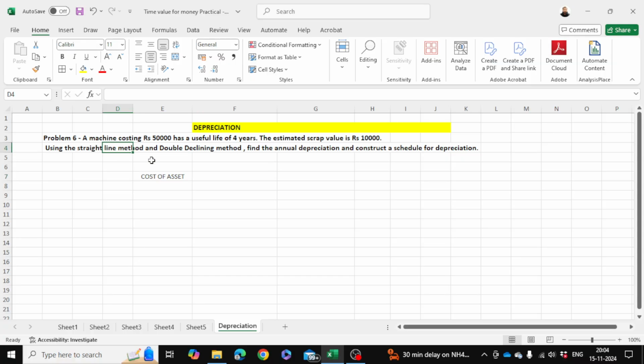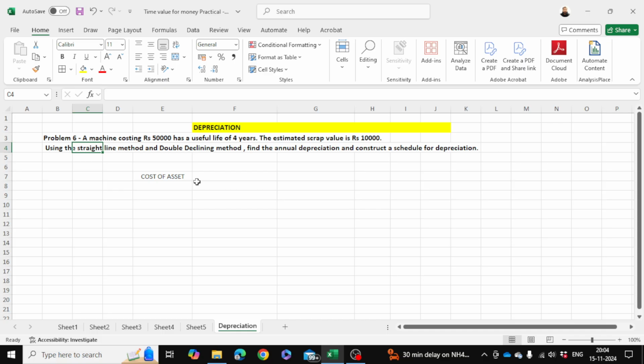Using the straight line method and double declining method, find the annual depreciation and construct a schedule for depreciation. So two methods you are going to apply in this question, straight line method and double declining method, or declining method you can also use, right? So this is DDB I have taken. One more thing is there, DB, declining balance method, that also you can apply.